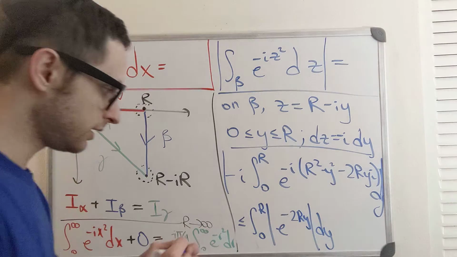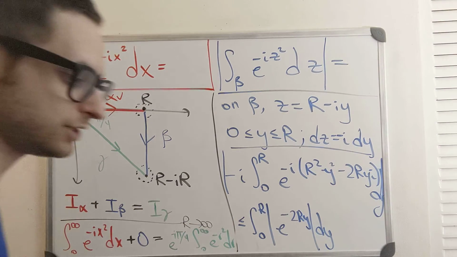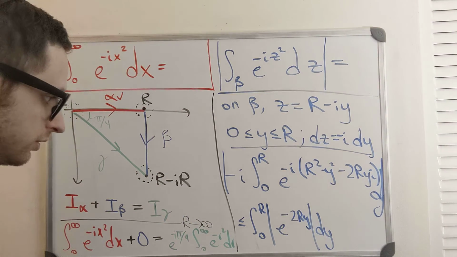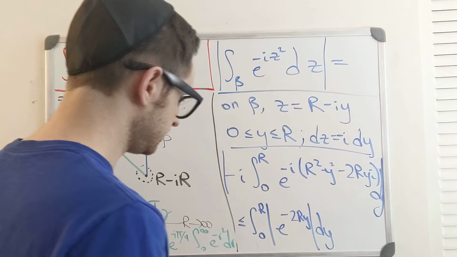But this is an exponential of something purely real, so it's always going to be positive anyway. So in fact, the absolute value bars do nothing. And we can evaluate this integral, dropping the absolute value bars, pretty easily.